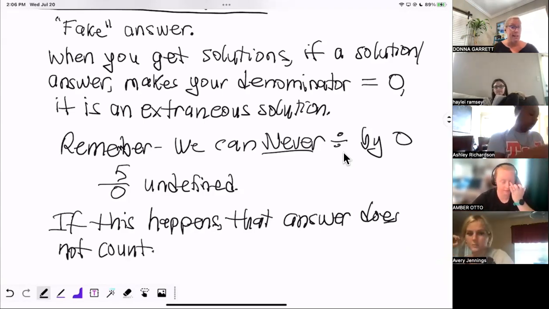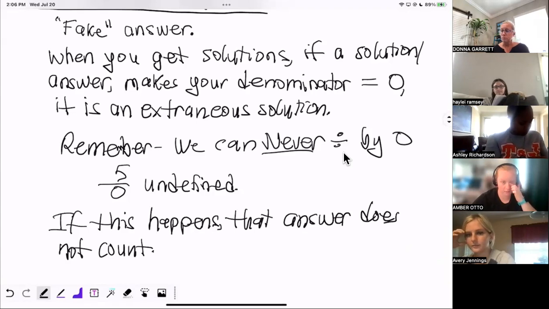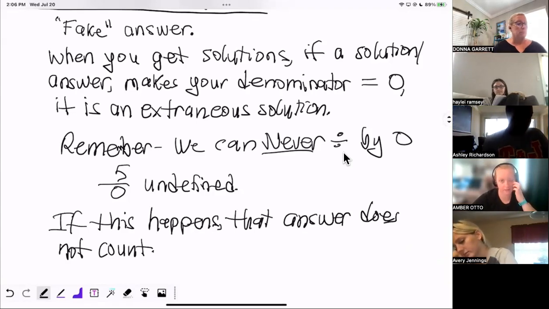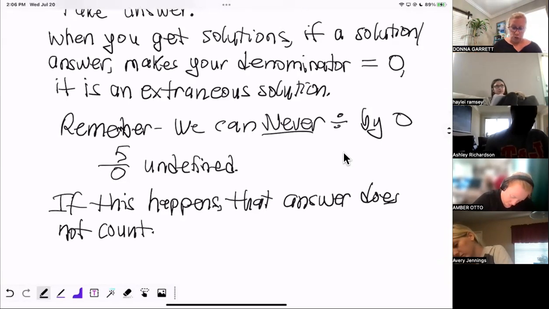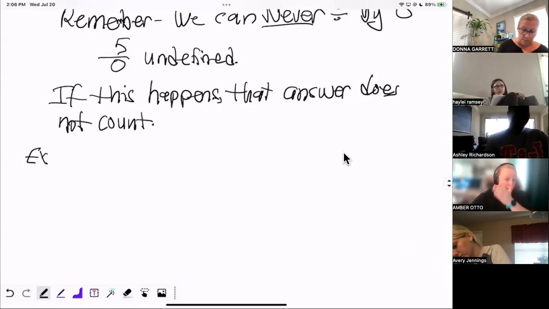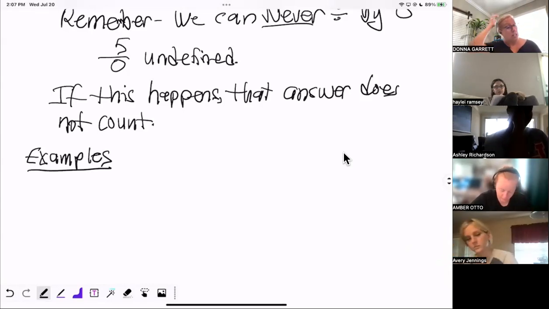You can't use it because it's impossible. Okay, that's what it means by extraneous. It has to do with the denominator. The denominator can never be equal to 0. These are all fractions, so we have to think about that. All right, so let's do some examples. I didn't do one with any extraneous solution, but these will be mixed in. Some extraneous, some not extraneous.